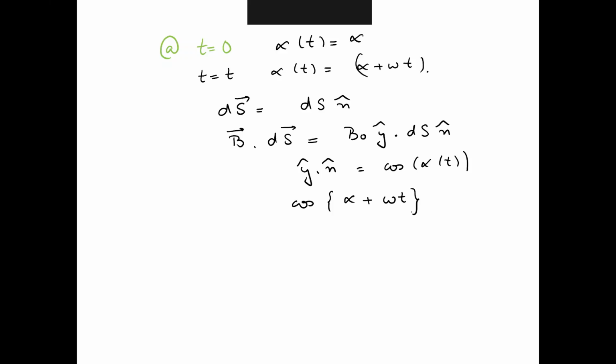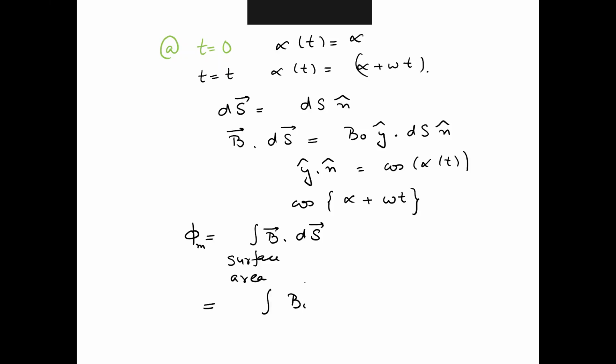If I calculate my phi, that is B dot ds over the surface area of the circuit. I can start putting the values in.